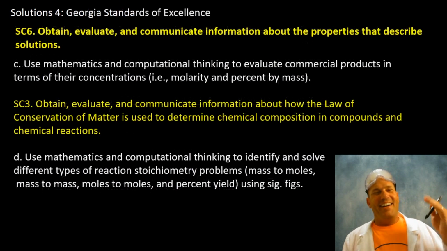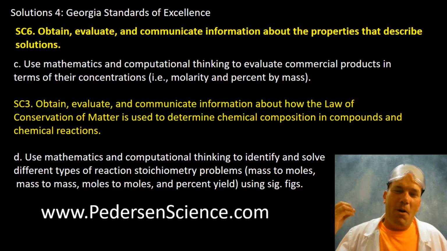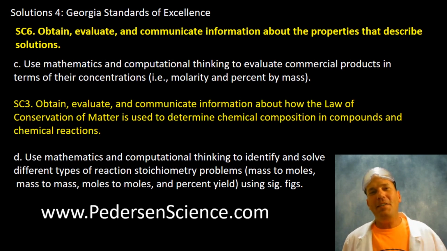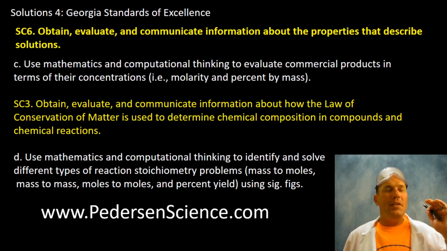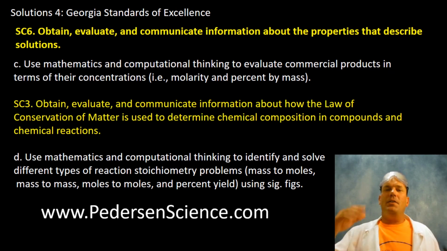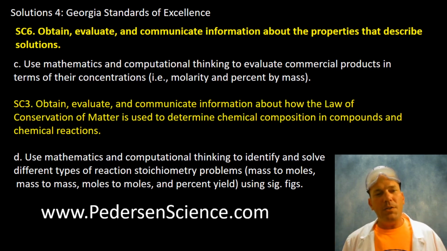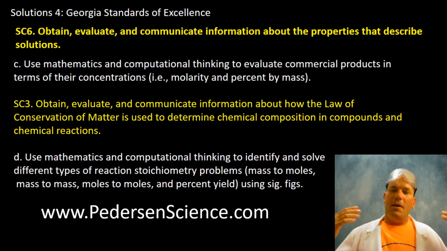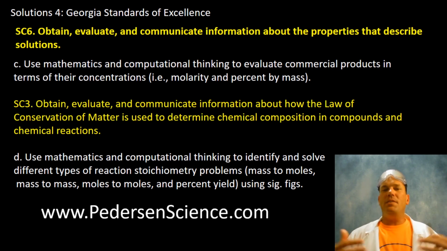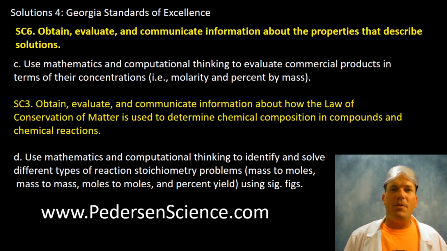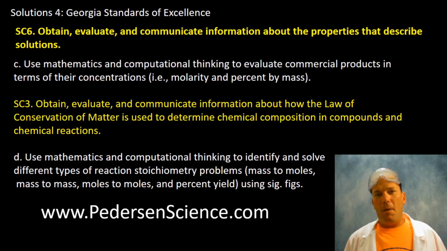For our Georgia Standards of Excellence today, we're not only looking at our solutions and using computational thinking and the molarity, but we're also continuing to use chemical composition and stoichiometry to solve problems.